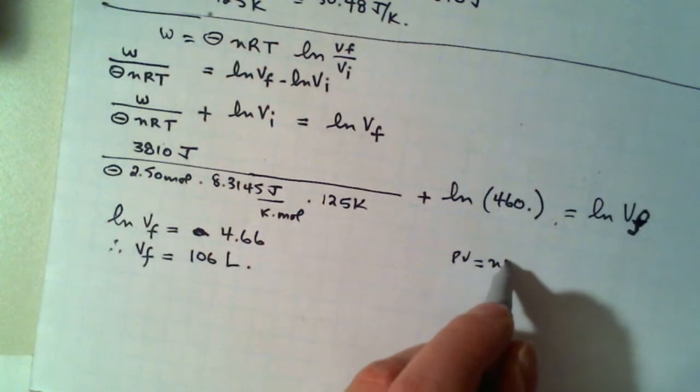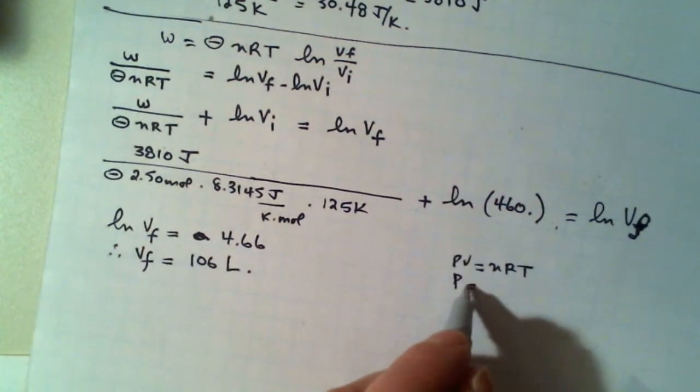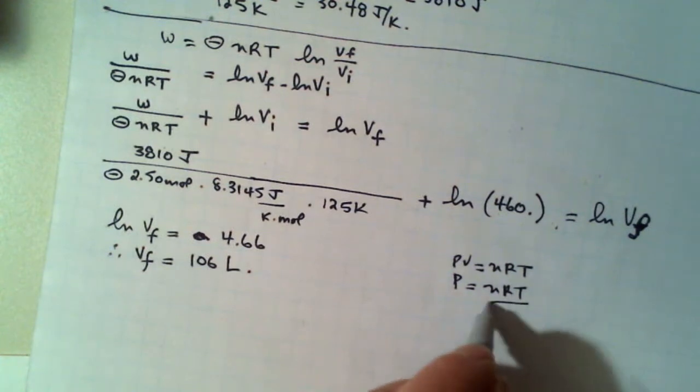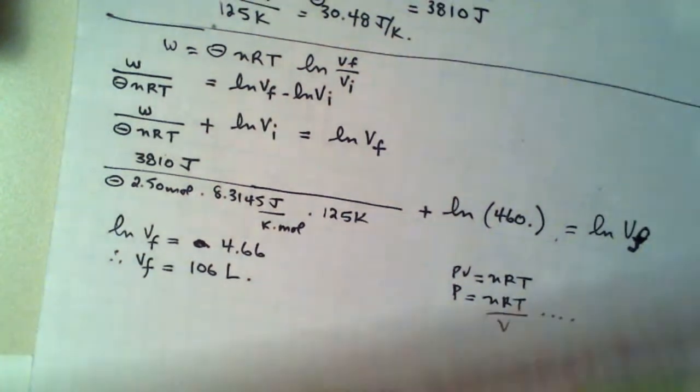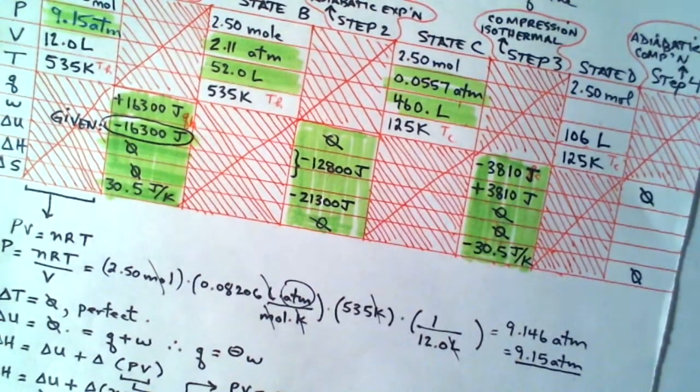And then PV equals nRT. Find your P. Blah, blah, blah. And I'm going to fill it in. I don't have to walk you through that calculation, for sure. PV equals nRT there, what is it? 206, 2.5.